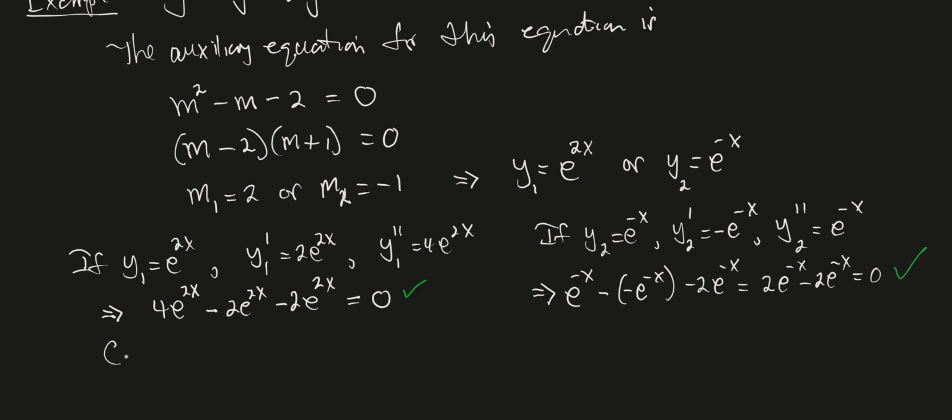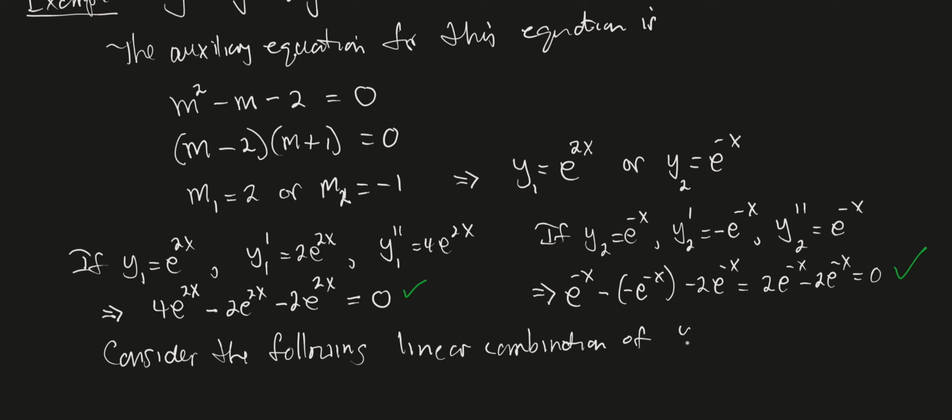Consider the following linear combination of these two functions, the e to the 2x and the e to the negative x. So a linear combination of y1 and y2.